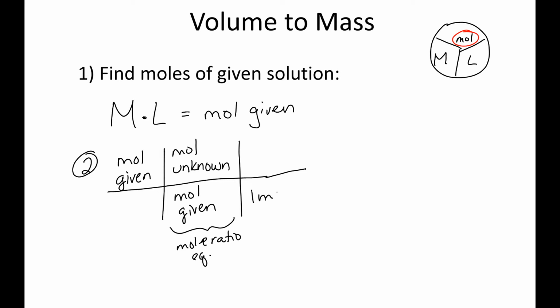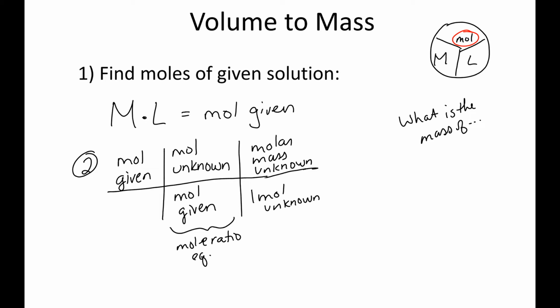Then this is the step where we put in our molar mass. This is the other substance that's listed, the substance in the question where it says, what is the mass of? This is your unknown substance. This is what you're trying to calculate.